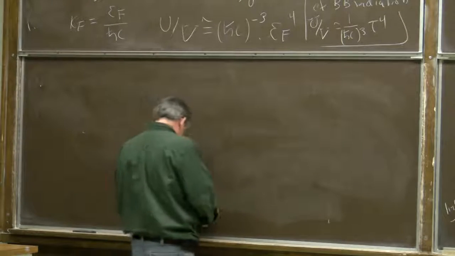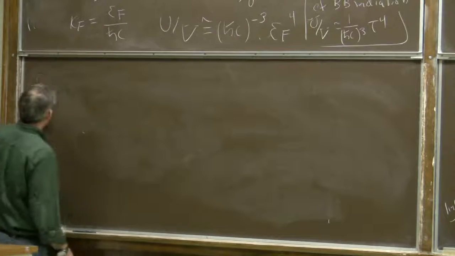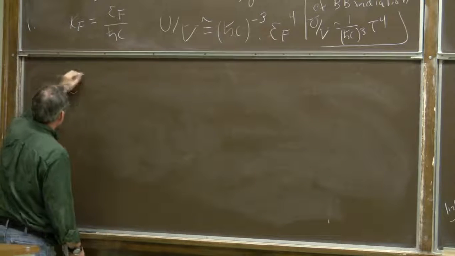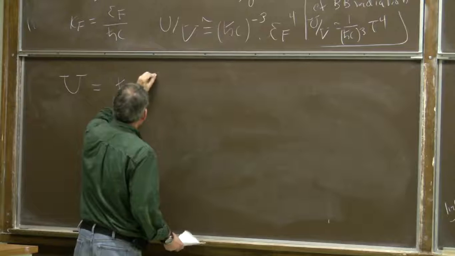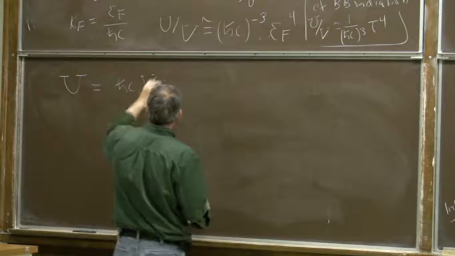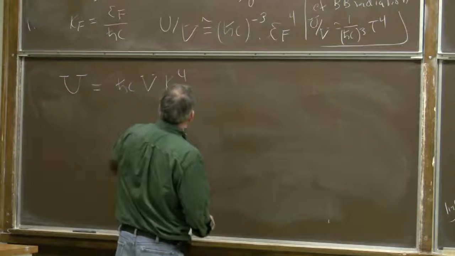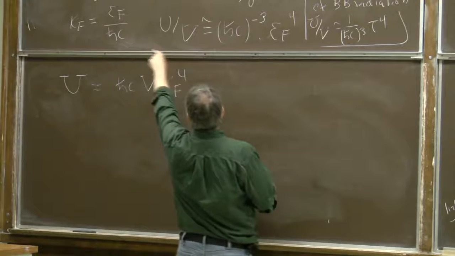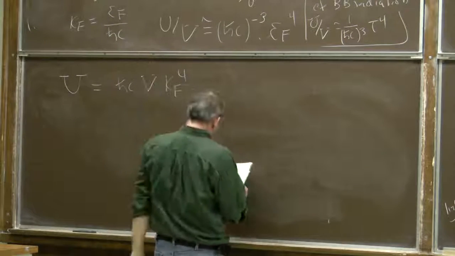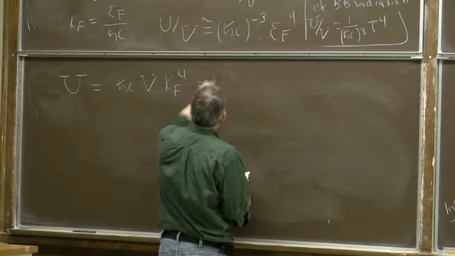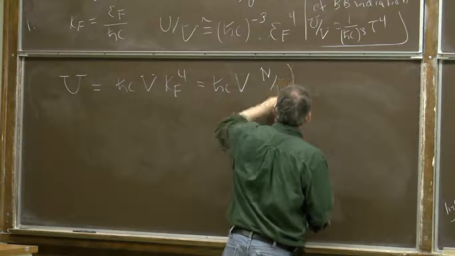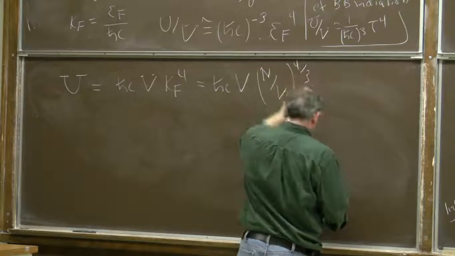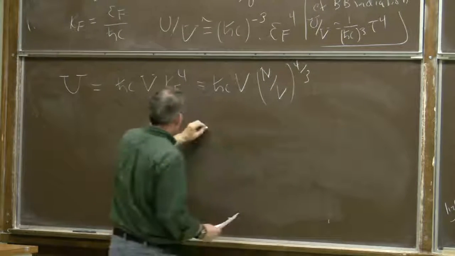So, in other words, the total energy of the gas goes like h bar c times volume times k Fermi to the 4th, and we have k Fermi cubed going like n over v, so it's h bar c times volume times n over v to the 4/3.